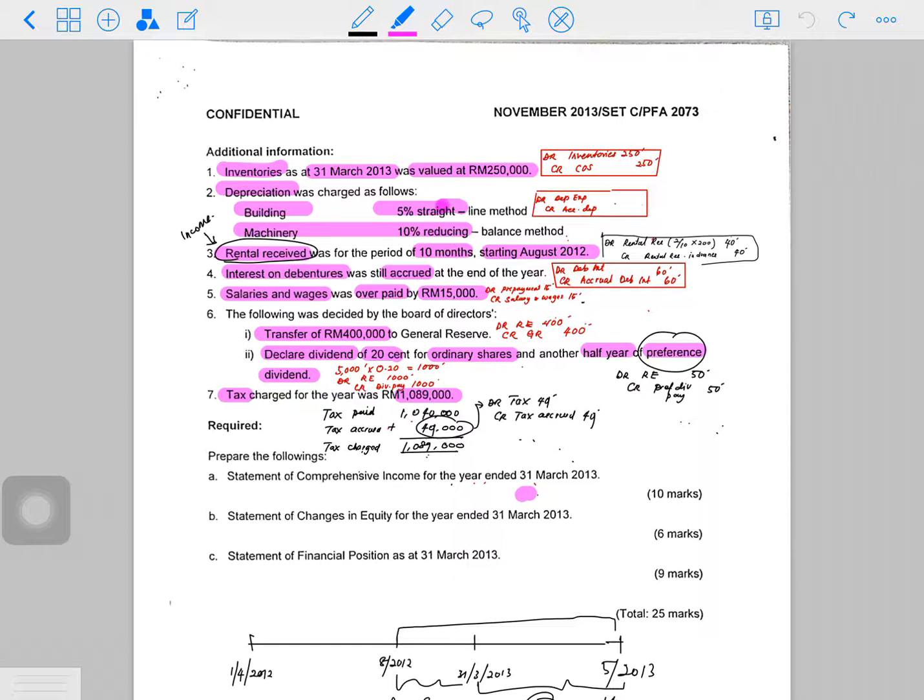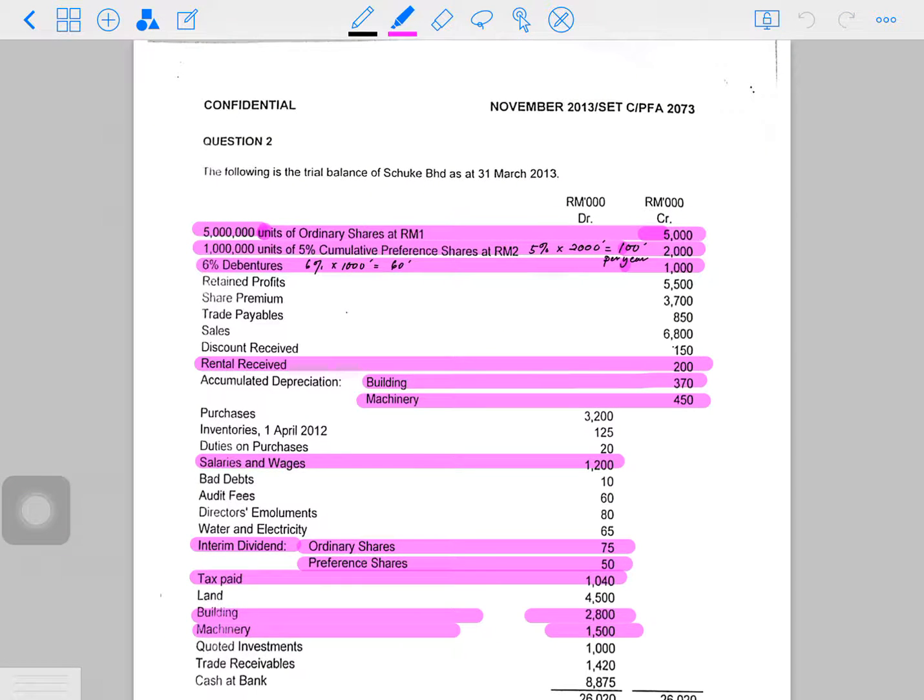additional information. Once you have done this, you have to go through your trial balance again one by one to put the figure into your comprehensive income, statement of changes in equity, property, plant and equipment, your expenses and financial position. So have a look at the first item here, which is ordinary shares.